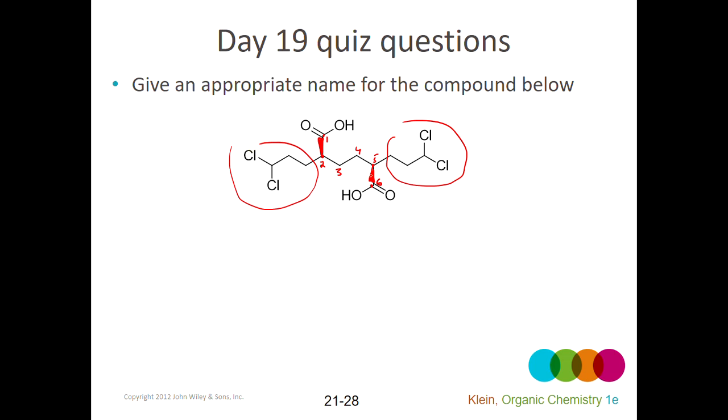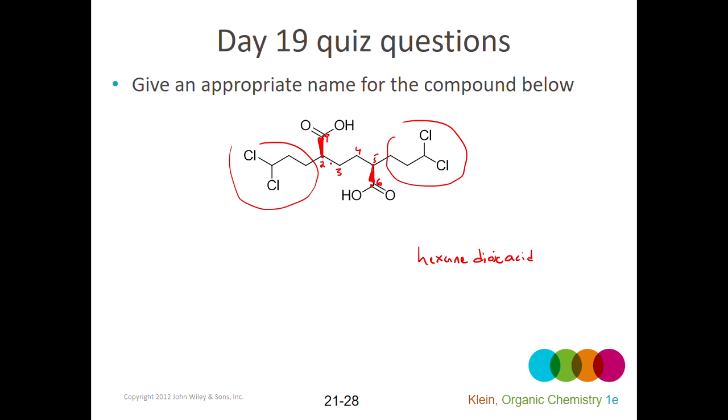So I've got 6 carbons, which would be hexane, and I've got a carboxylic acid on carbon 1 and 6, and so if I write hexane dioic acid, that would imply that structure. So if these two groups here I've circled weren't there, it would just be hexane dioic acid.